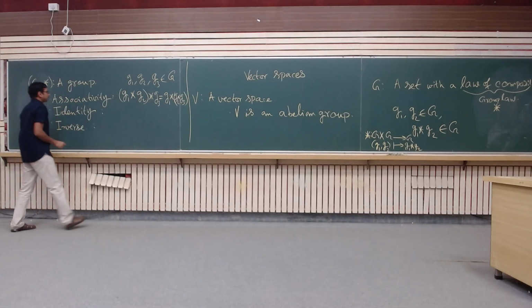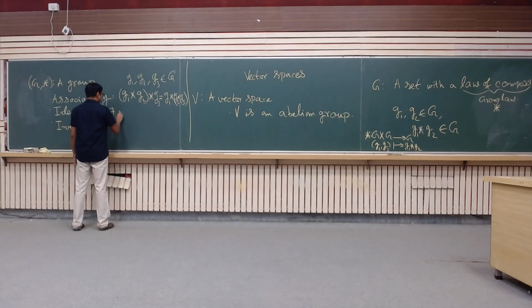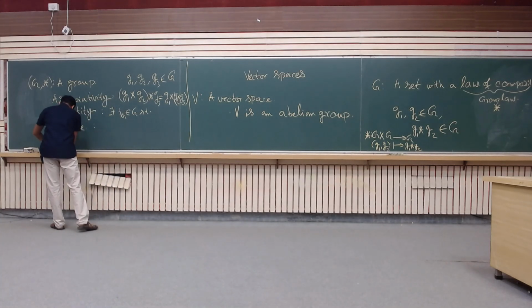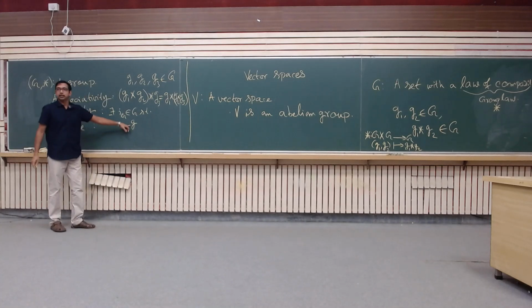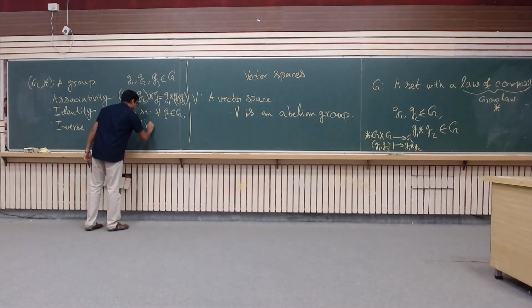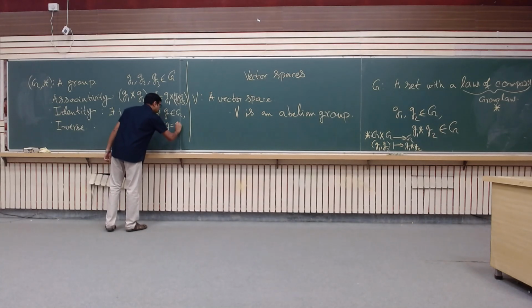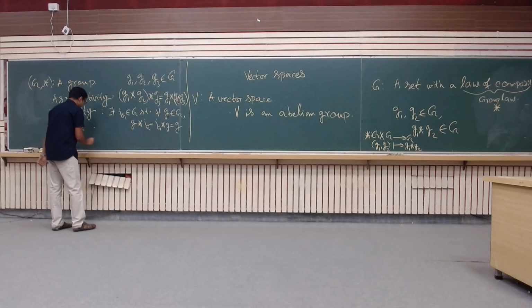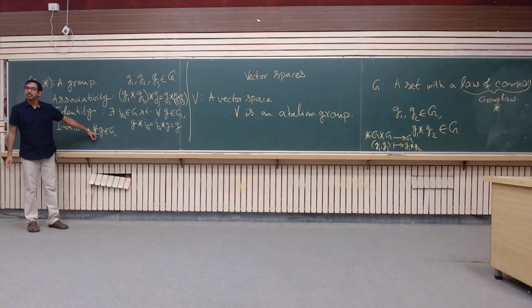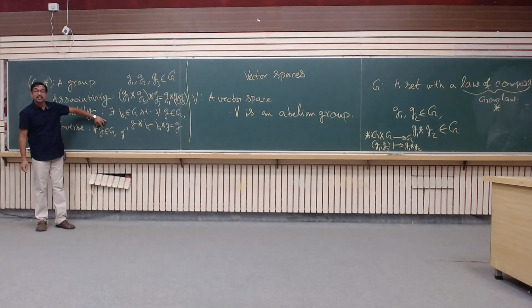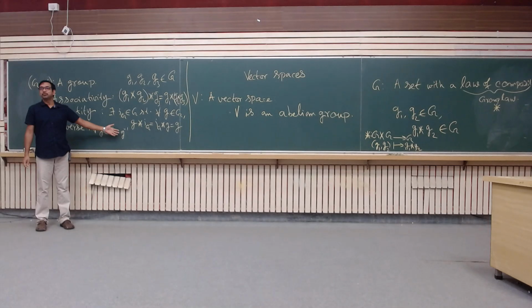And identity just means that there exists an element I sub G in G, such that if you compose it with any element of G, say G is a random element in G, then for all G in G, G star Ig is equal to Ig star G, which gives you G. And then the inverse: for all G in G, you would ideally like to denote the inverse of G by G inverse, but before we define inverse we cannot use this notation.